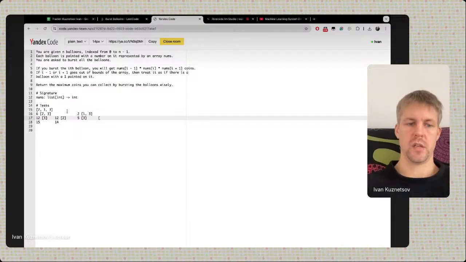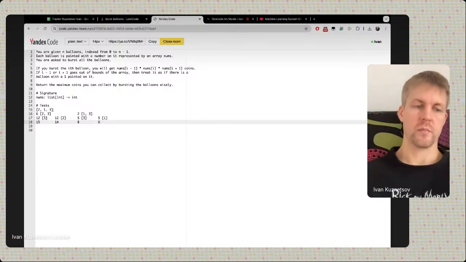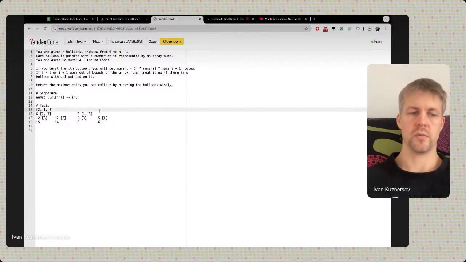Or we can burst 3, and then it will also be 3 times 1 times 1, so 5, and only 1 is left. But here we will again be adding 3, so it will be 8. And here we will be adding 1, so it will be 6. Again, so far the basic greedy rule works, so we should first be bursting the smallest balloon.